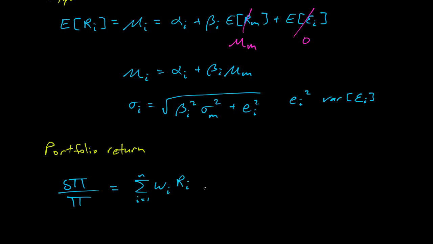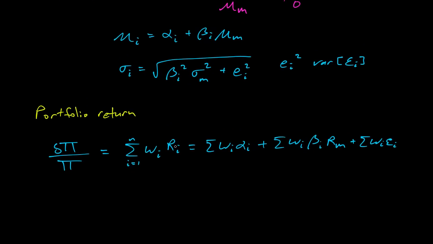So we're just weighting all the assets we hold in our portfolio. And we can expand this Ri out. So this will be the sum of Wi alpha i plus the sum of Wi beta i Rm plus the sum of Wi epsilon i. Okay, that's just substituting in the definition of Ri.